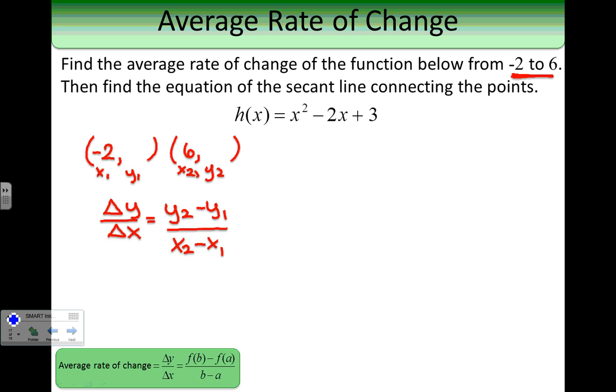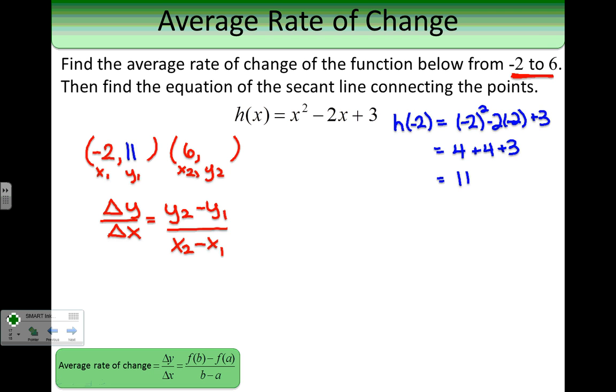So I'm going to plug in -2 for x to figure out what my y value is. I get 4 plus 4 plus 3 equals 11. So for -2, the y value that goes with it is 11.